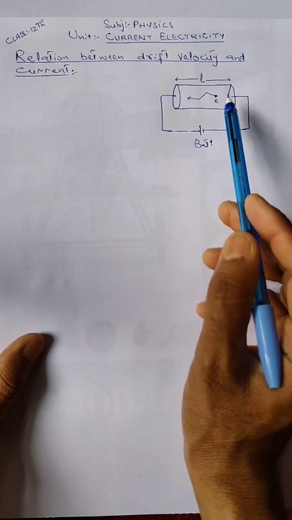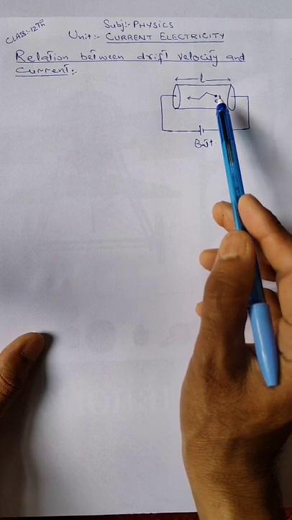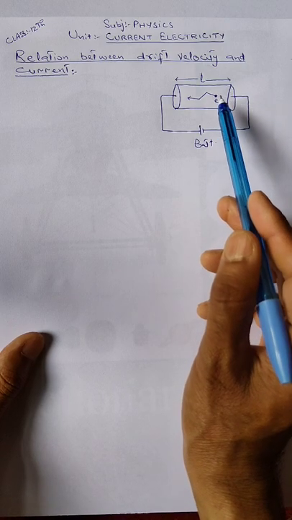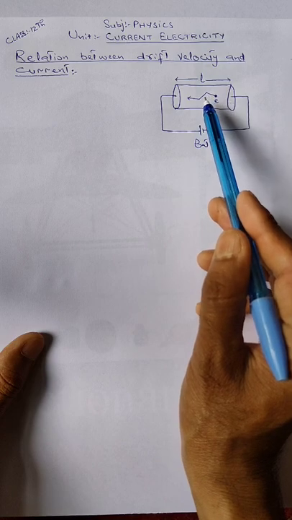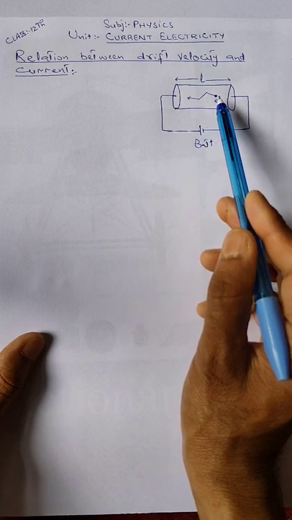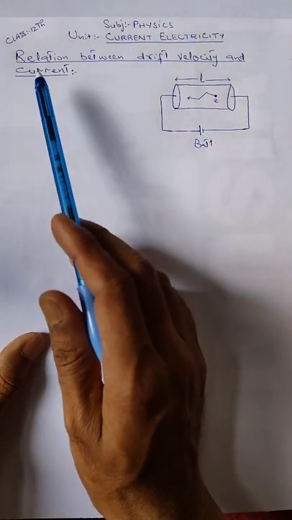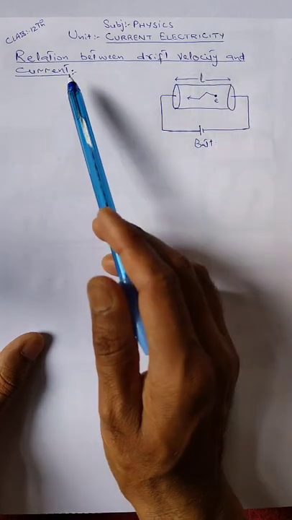You should know they are those conductors which are in solid form, like iron rod, copper, etc. Here the current is due to free electrons, not due to free atoms or ions, because free electrons easily move through the gaps between the atoms, so they constitute the current when the battery is connected. Now we are going to discuss the relation between the drift velocity and current.